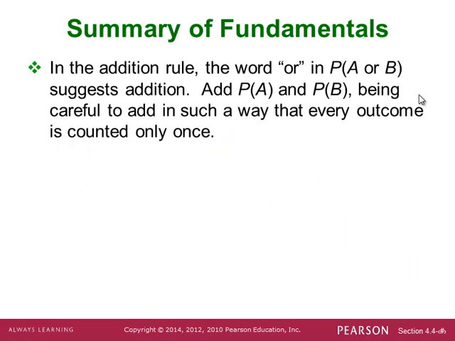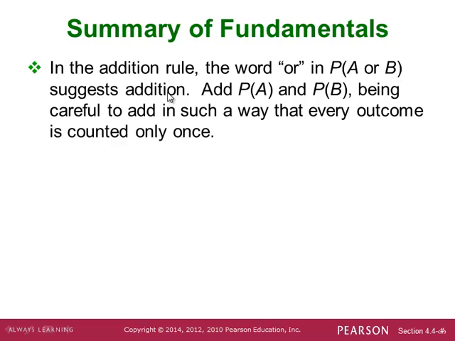So let's just sum up what we've talked about in this lecture. We talked about calculating the probability when you have 2 or more events. Now, when you have an "or" separating those events, probability of A or B happening, that means adding.